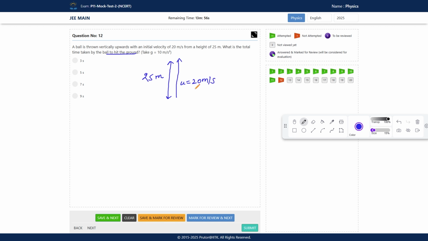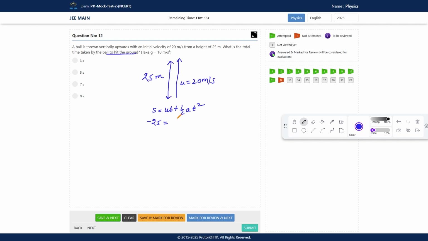u is the initial velocity. So we know the equation of motion, s is equal to ut plus half at square. Here s is minus 25 meter, because when we throw vertically upwards, after it reaches the maximum point, the direction of the ball is vertically downward.